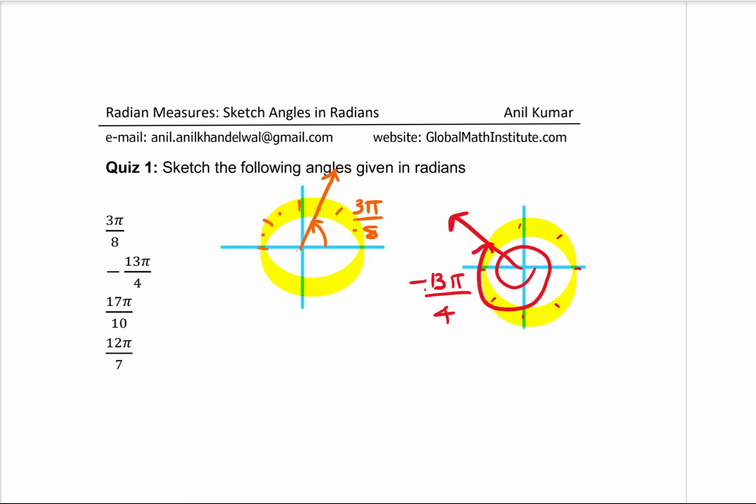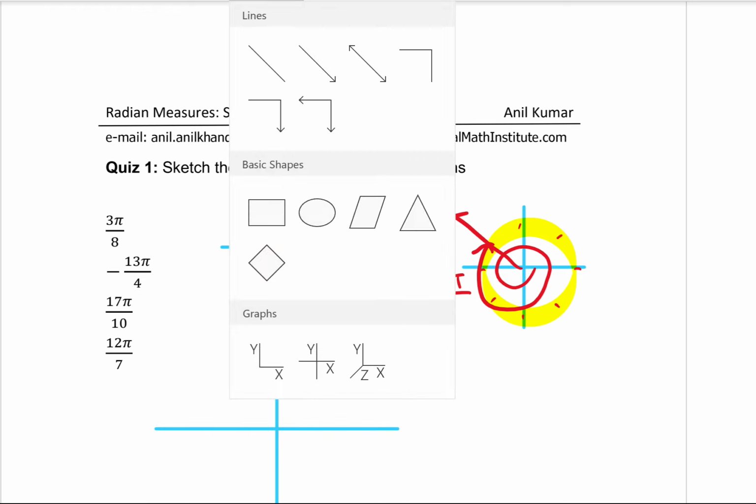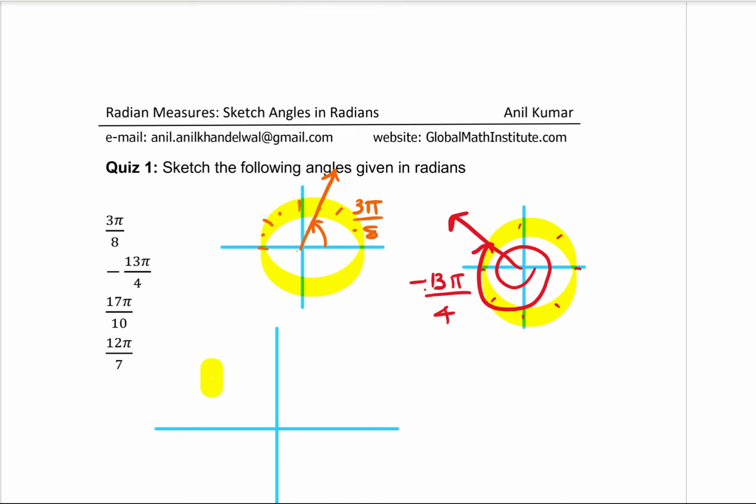So we need to now divide our pi in 10 parts. Let's try to see how to divide it into 10 parts. 10 parts means 5 in each. We are looking for 17.